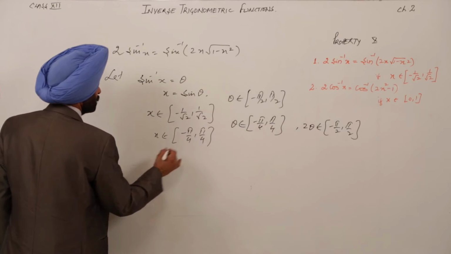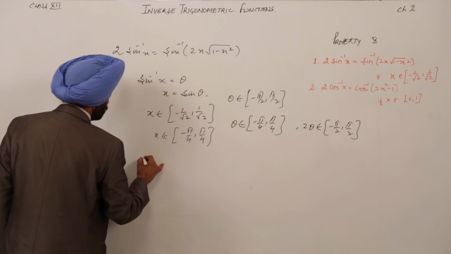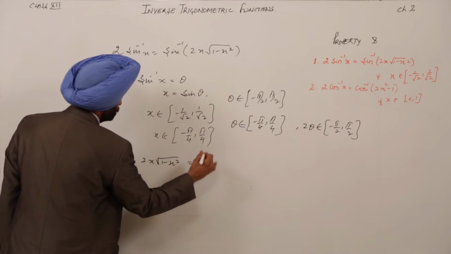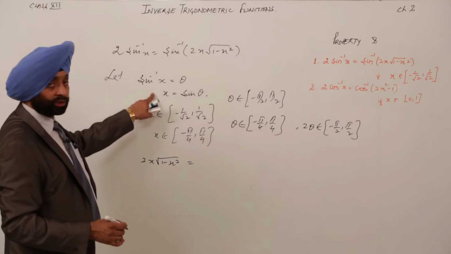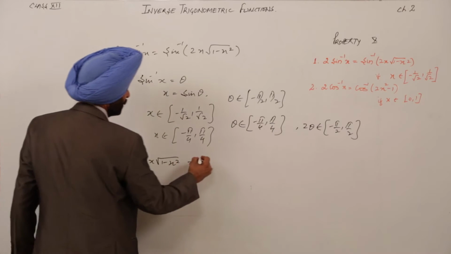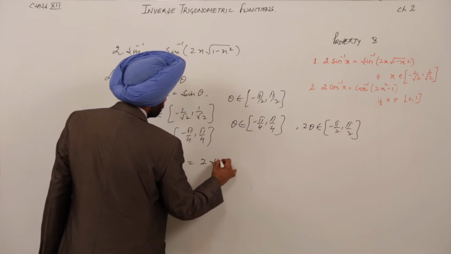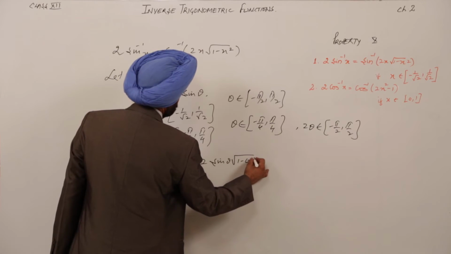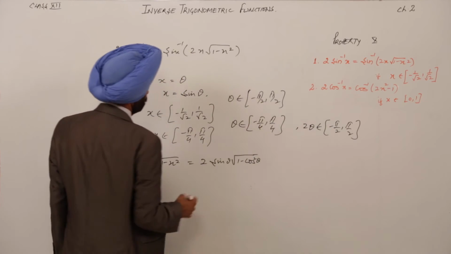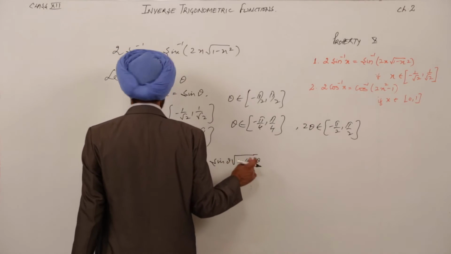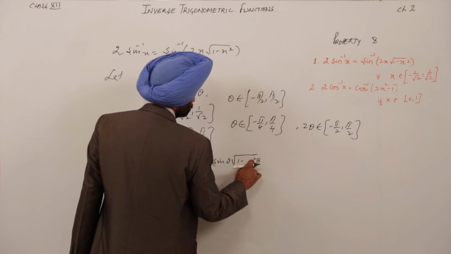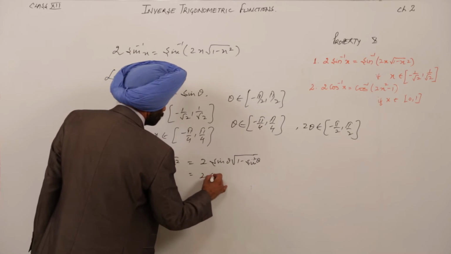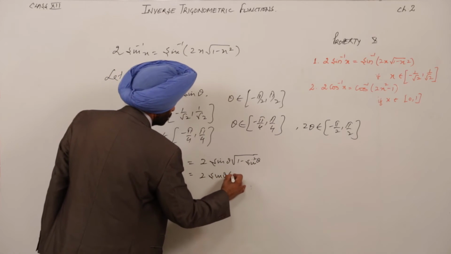Now for this part, 2x under the root 1 minus x square is equal to what? If we put x equal to sine theta, we get 2 sine theta under the root 1 minus sine square theta, and this becomes 2 sine theta cos theta.